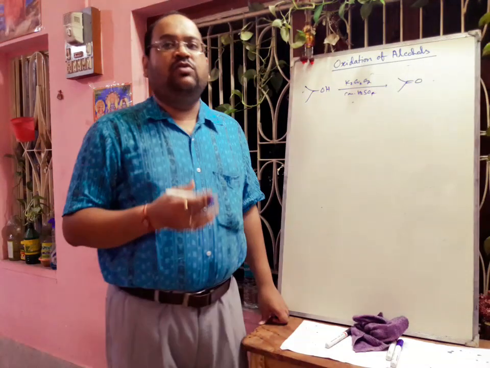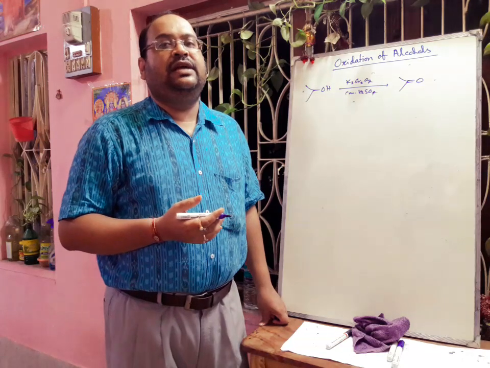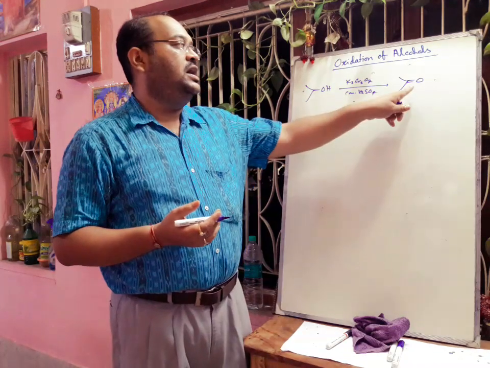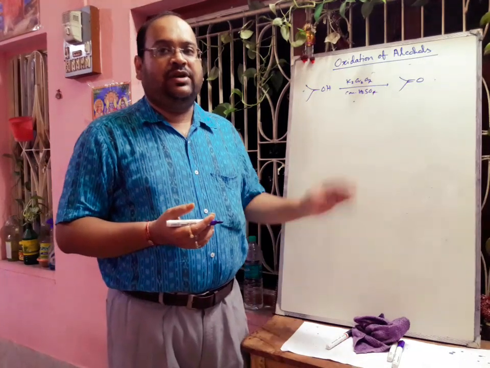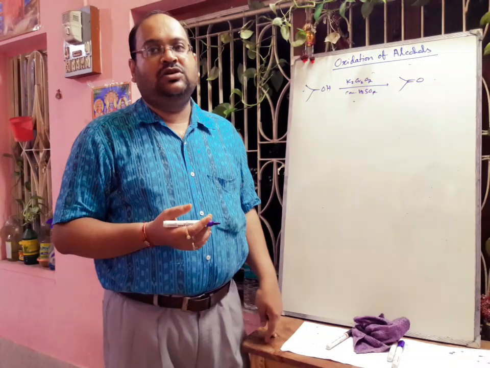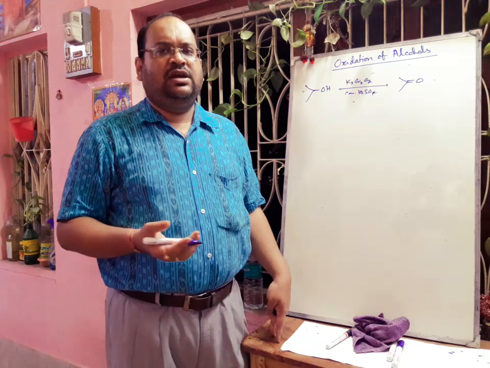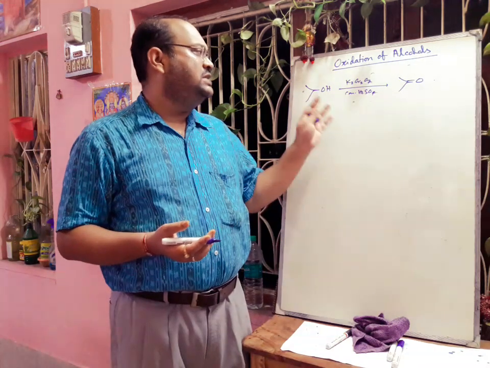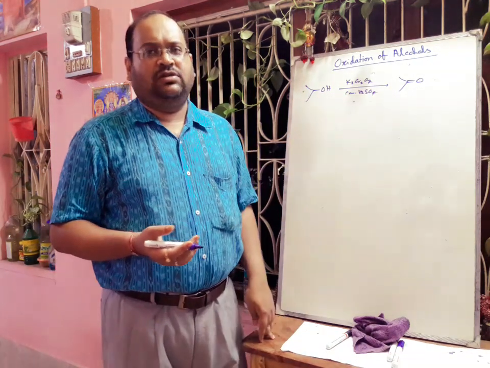But if we use vigorous conditions, that means if we increase the temperature, then what will happen? This acetone will release one carbon dioxide and form acetic acid. So this vigorous condition or prolonged oxidation will give you this. But generally, secondary alcohol will give the ketone.